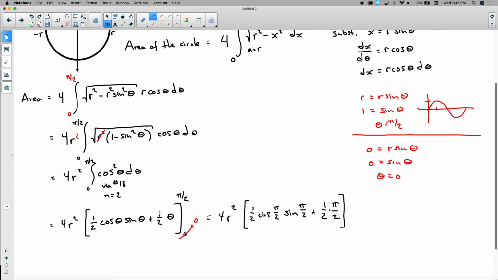So this little sliver goes to 0, killing off all of that. And I then have 4r squared times just this pi over 4, and that's pi r squared. So I didn't fail that problem. Yay. Okay, so there you have it.